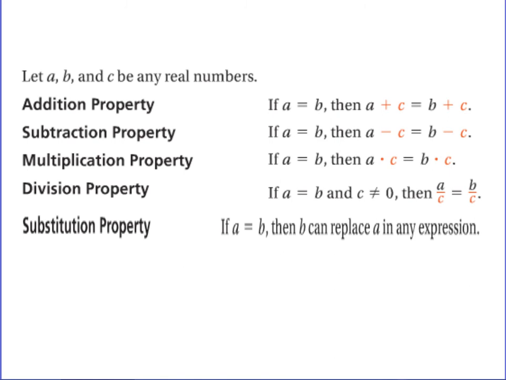Okay, so other properties that you need to know. You might want to write these down. They're pretty self-explanatory. It's up to you. The first one is addition property. Okay, so what you want to do is, if you have two pieces that are equal to each other, so like A equals B, if I add something to both sides that's the same piece, and C is obviously equal to itself, then it's going to be the same thing.